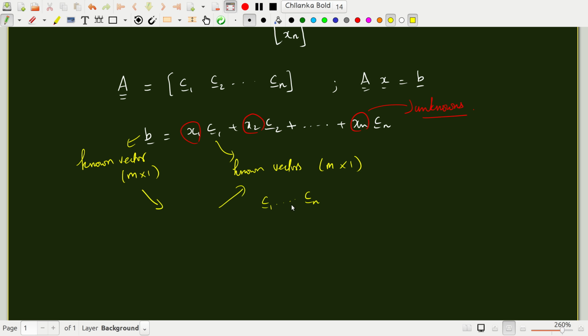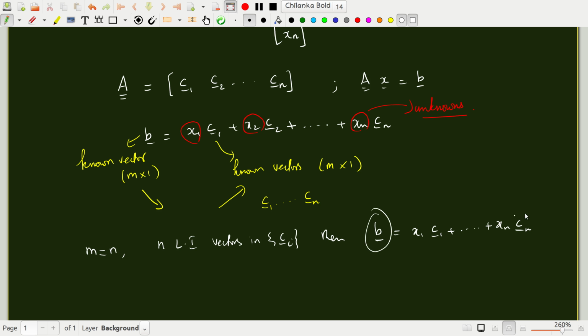The job will be easy if m is equal to n and you have n linearly independent vectors in C, then you can always express B as x1 C1 plus up to xn Cn. If you have an n-dimensional space and n linearly independent vectors, you can always express any vector in terms of the basis vectors.